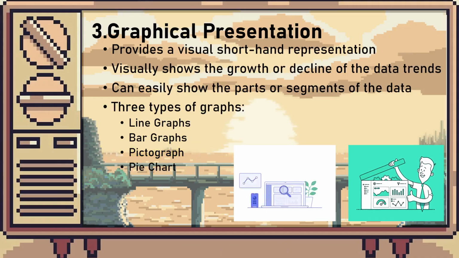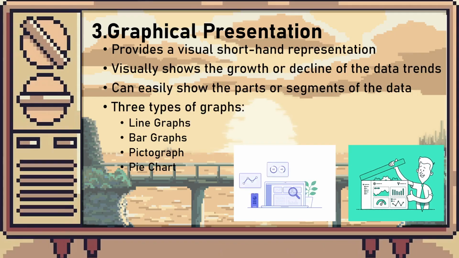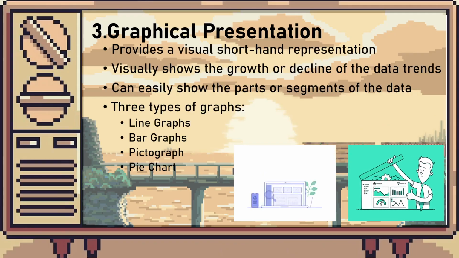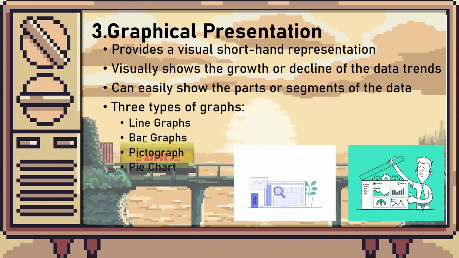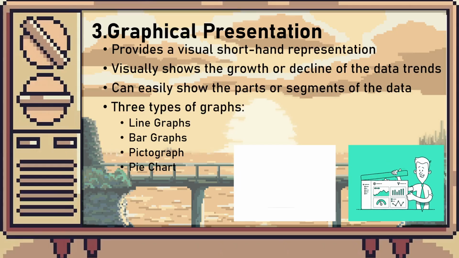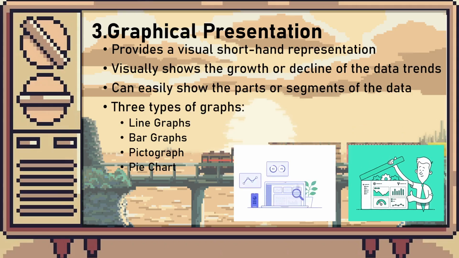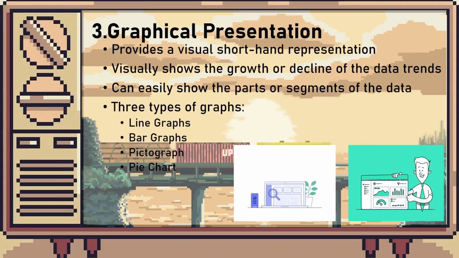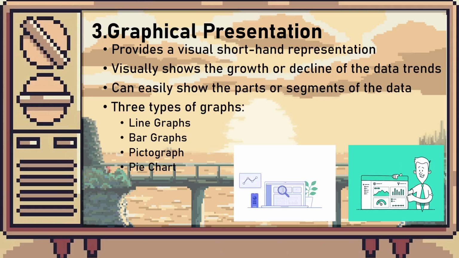If you're presenting in a defense or in a setting where you don't have a lot of word count or space, but you need to communicate information in the shortest manner possible, then you will use graphical presentation.